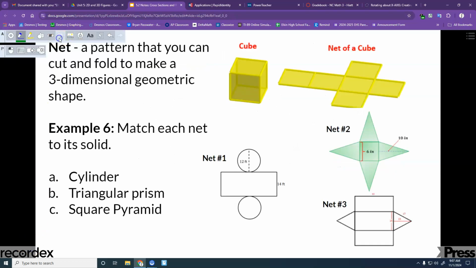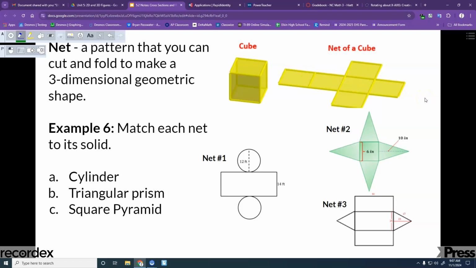Okay? All right, then the last part of this that we have to think about is a net. A net is a pattern that you can cut and fold to make a three-dimensional geometric shape. For example, this would be the net of a cube, right? There are some other ways you could do it. But we could take this, fold those two sides up, fold this side up, and over.